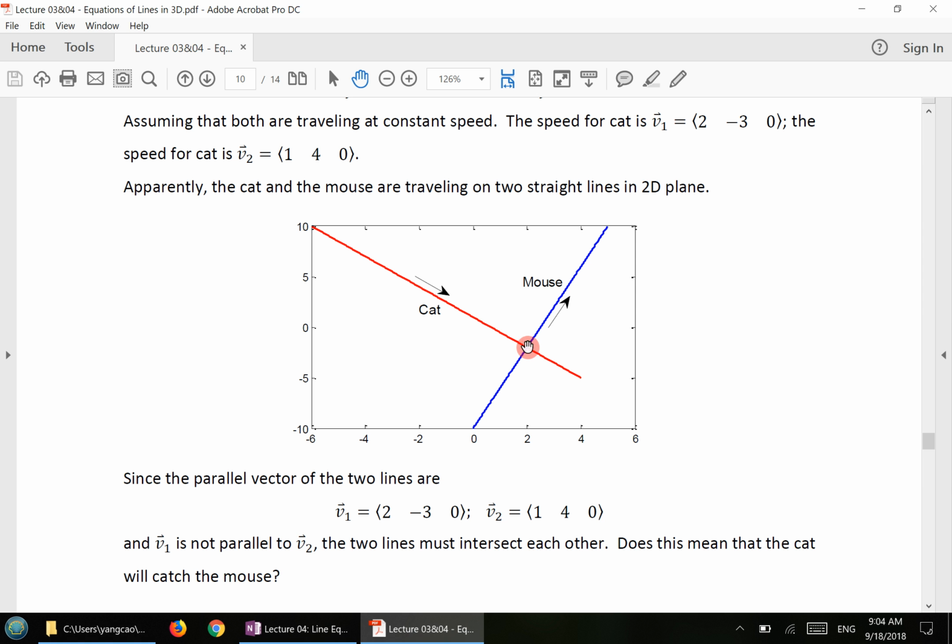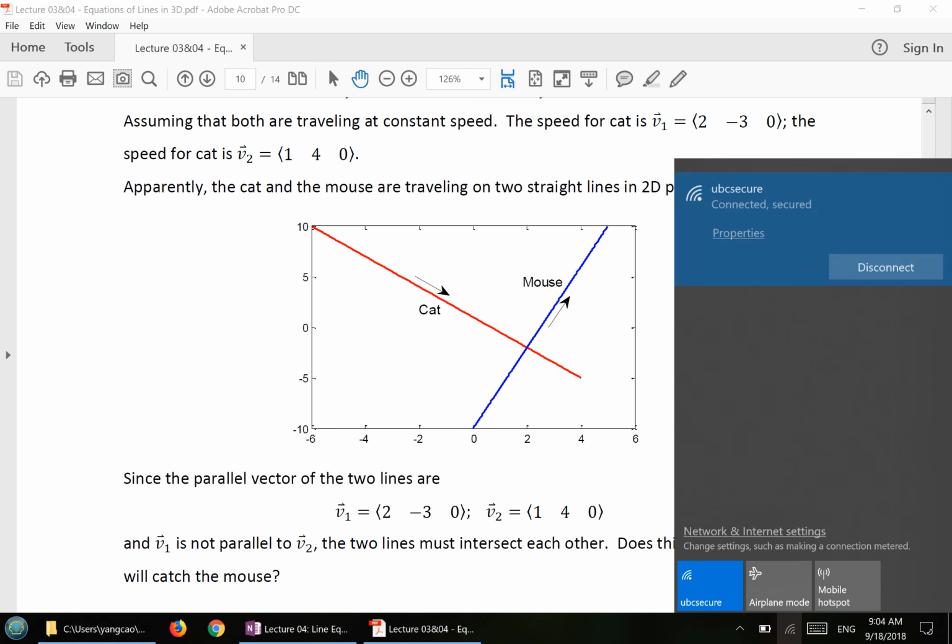But here we're talking about the catch. Basically there's a particle moving on this line, which is the cat, and another particle moving on this line, which is the mouse. When we're talking about the catch, it really means the cat and the mouse have to end up at this intersection point exactly at the same time.